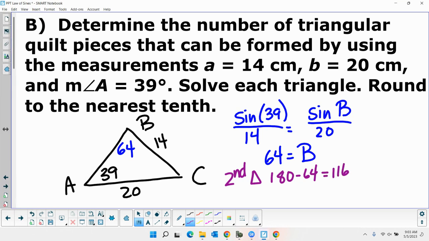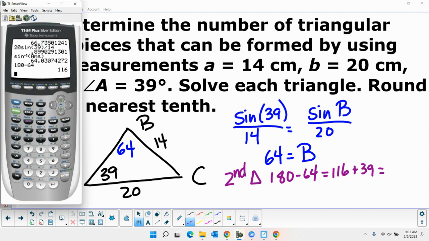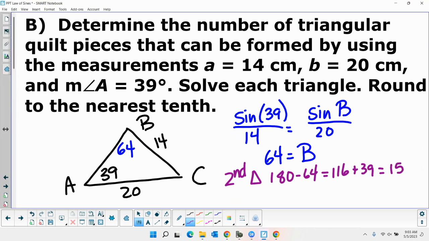What am I going to add to that? 39. Is that going to be bigger or smaller than 180? Smaller. So what's that tell us? There's two triangles. What was that? 155? Less than 180. Two triangles.